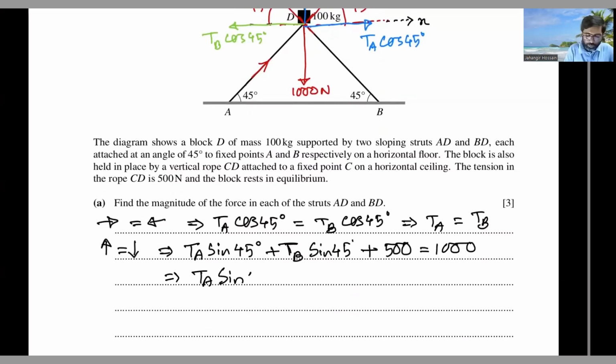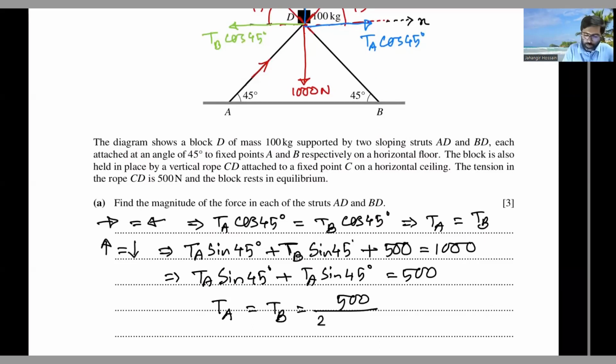Remember TB is also equal to TA, so 2 TA sin 45 equal to 500. So we have TA equal to TB equal to 500 by 2 sin 45. So that's 250 root 2 Newton.